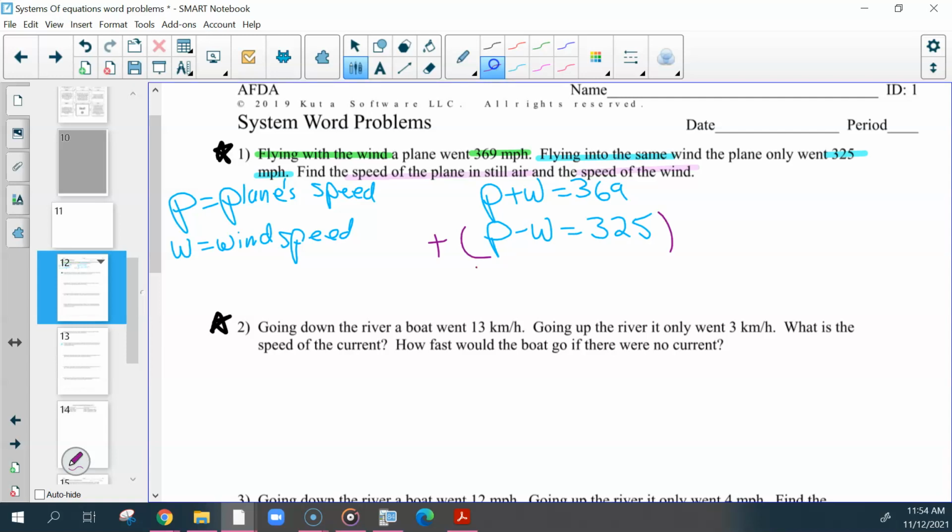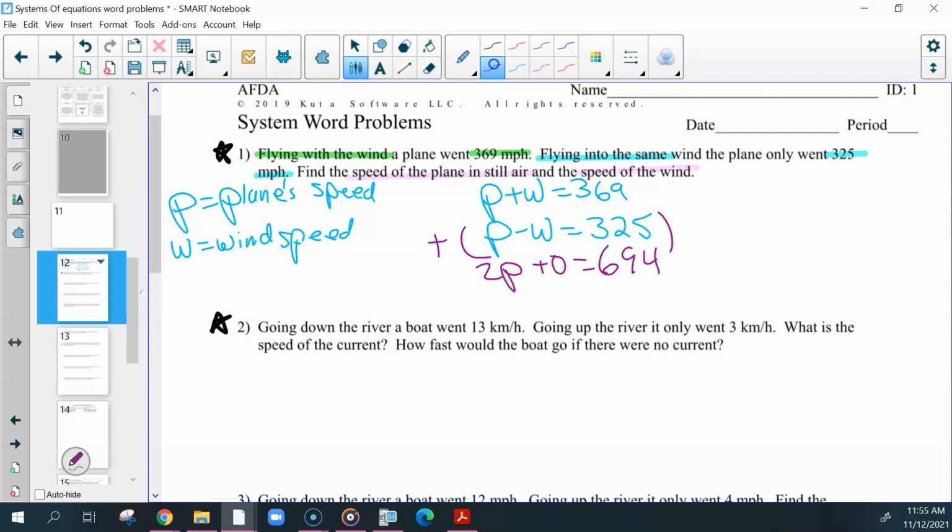I have 2P plus 0 equals 694. Then divide, and substitute.